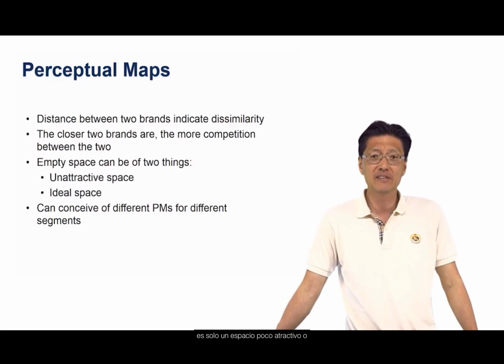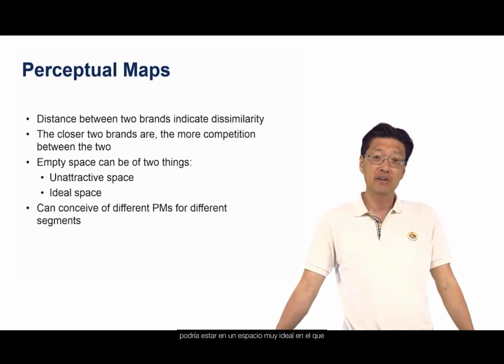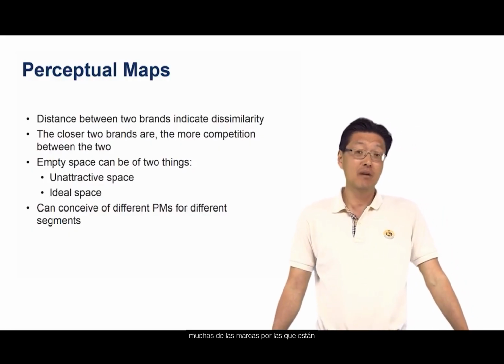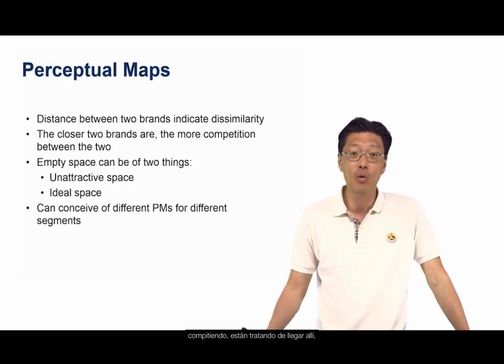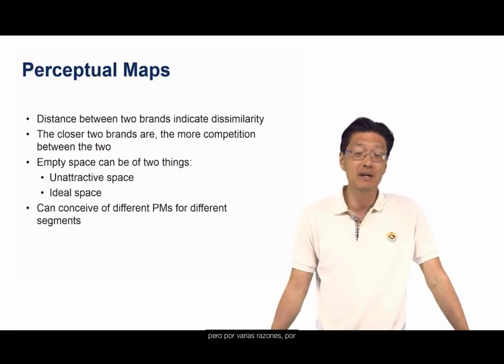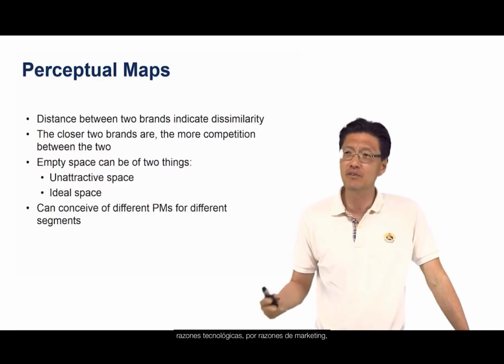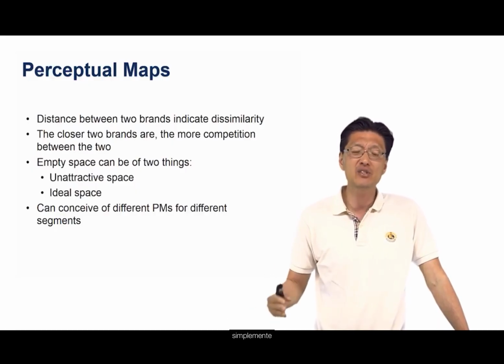Or it could be a very ideal space that a lot of the brands are vying for. They're trying to get there, but for various reasons, technological or marketing, they just haven't been able to occupy that space on the perceptual map.